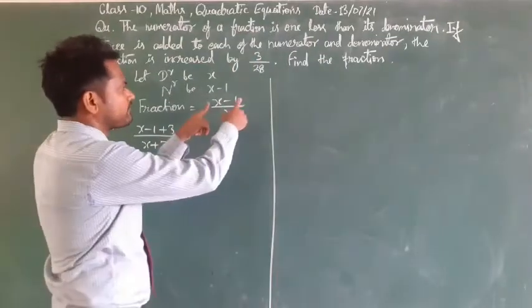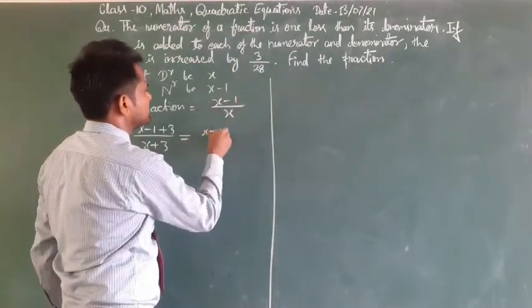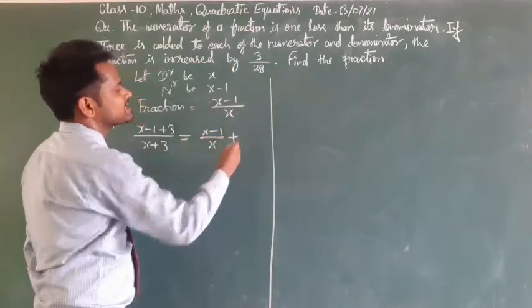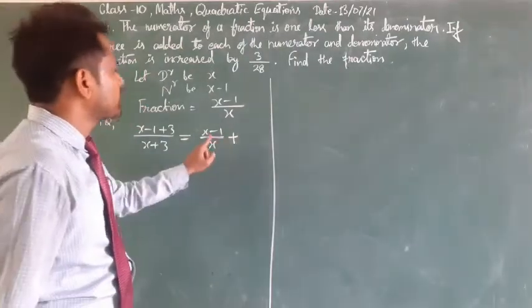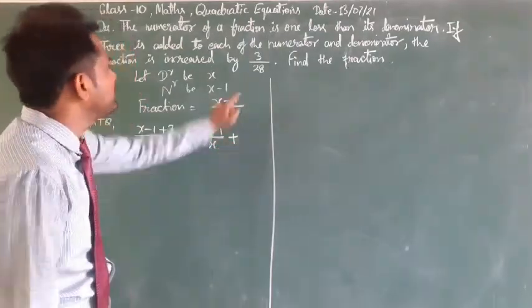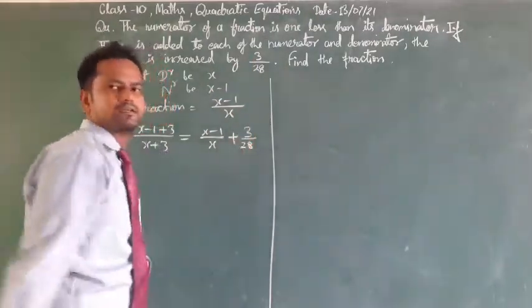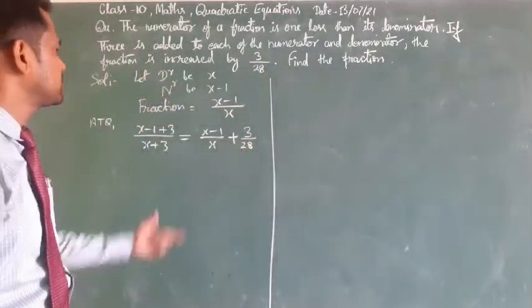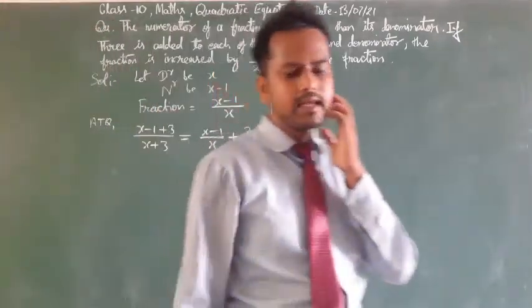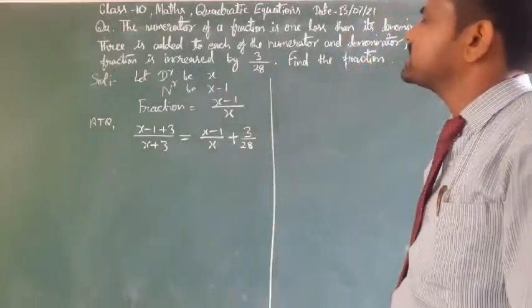It means our fraction is x minus 1 upon x, and increased means plus 3 by 28. Got it?